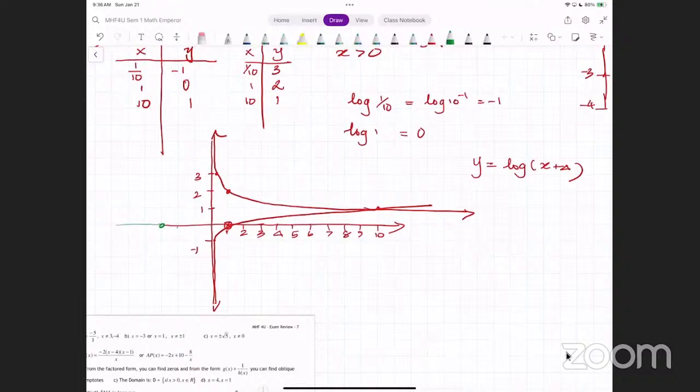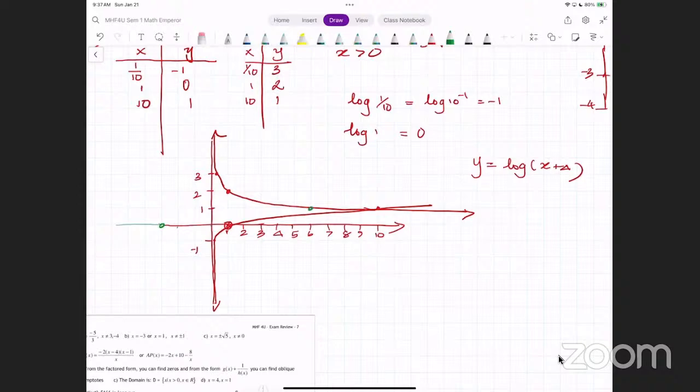Once you move the 4 units, we are at 10. To make sure we're right, with log of x plus 4, it will probably move to the left. So yes, this point is going to move 4 units, isn't it? 1, 2, 3, 4 units. It's going to come over here.